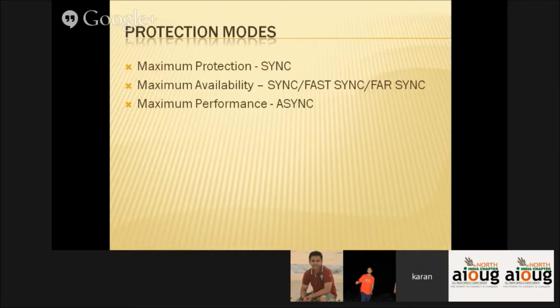Max performance, like I said, is asynchronous mode, so you don't have to worry about synchronous transmission and network latency. If there are issues with your network latency, it's better to configure asynchronous mode because of geographical distance. If your standby is thousands of miles away, it's better to keep it on max performance.